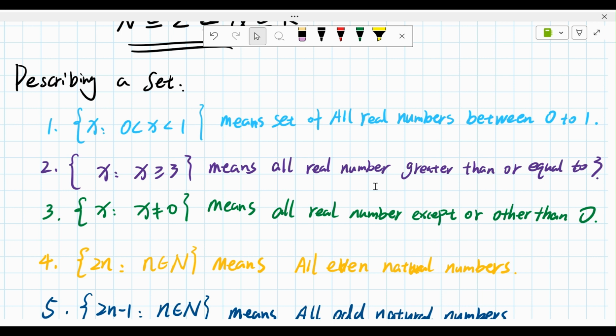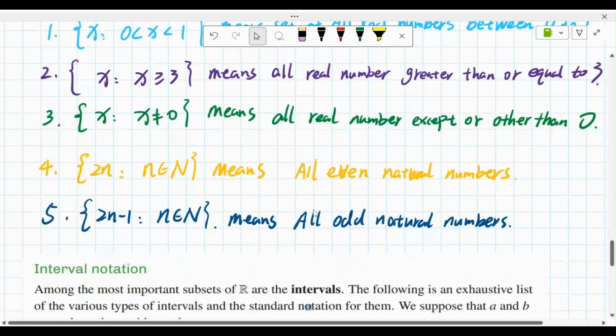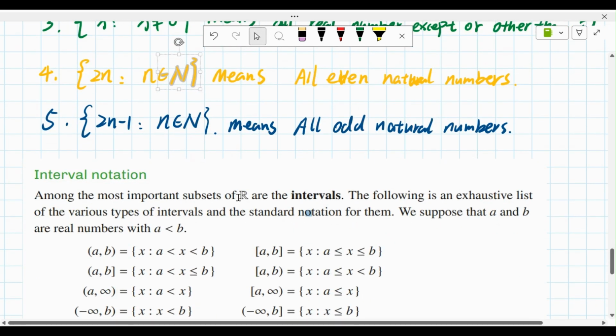And x not equal to 0 represents any number except 0. Also this one, 2n, means all even natural numbers because n belongs to the naturals. And 2n minus 1 means odd numbers, which are natural numbers.